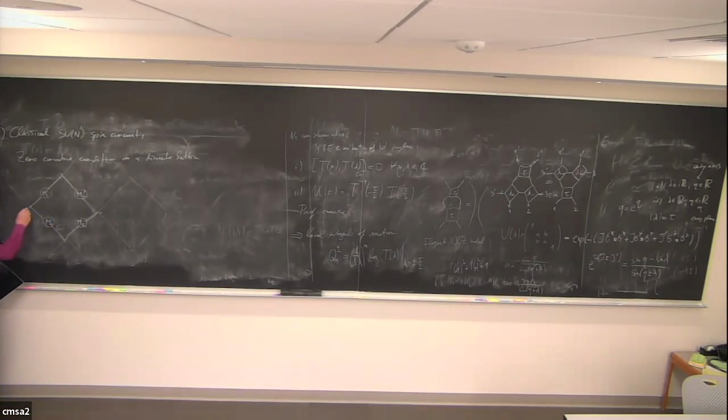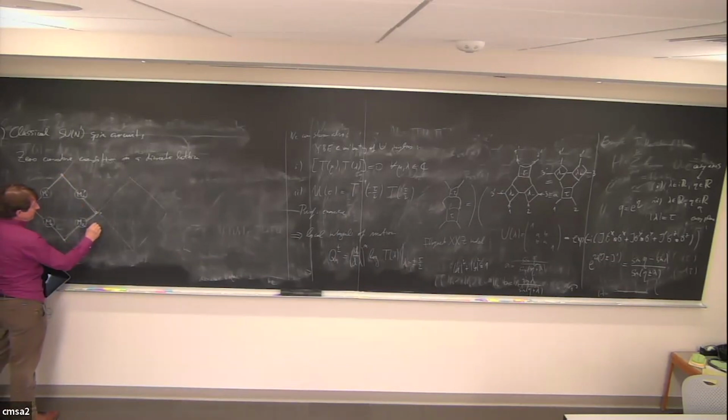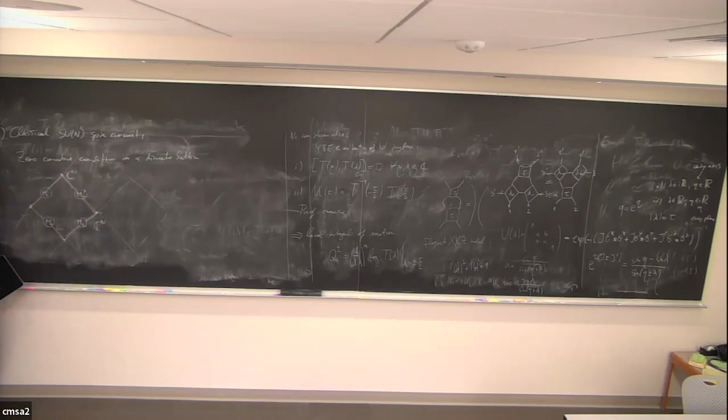But now let me define an auxiliary problem, which will be a vector problem of dimension N. To each of the links of this lattice, I will associate a vector in C^N, and then I will define a Lax matrix, which is a propagator from one point to the neighboring point.